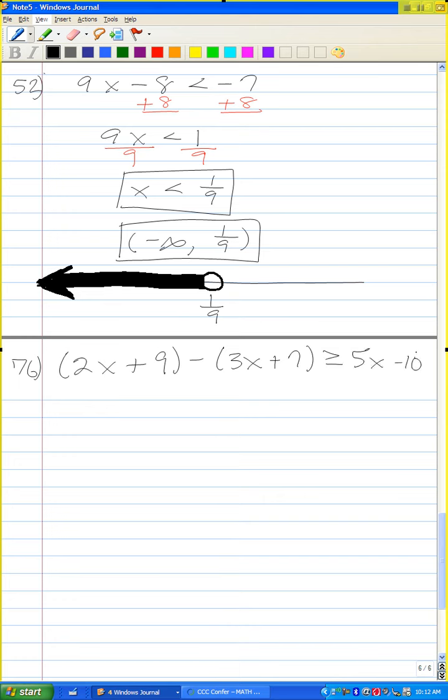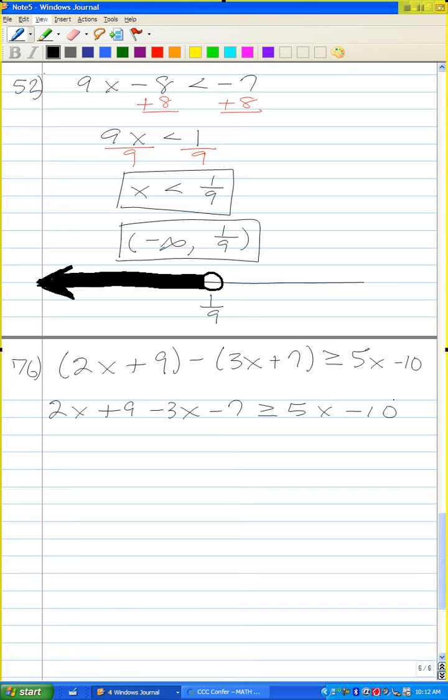Okay, so let me get rid of all the parentheses. So I get 2x plus 9. I have a negative outside the parentheses, so I can change all the signs inside the parentheses. Negative 3x minus 7 greater than or equal to 5x minus 10.